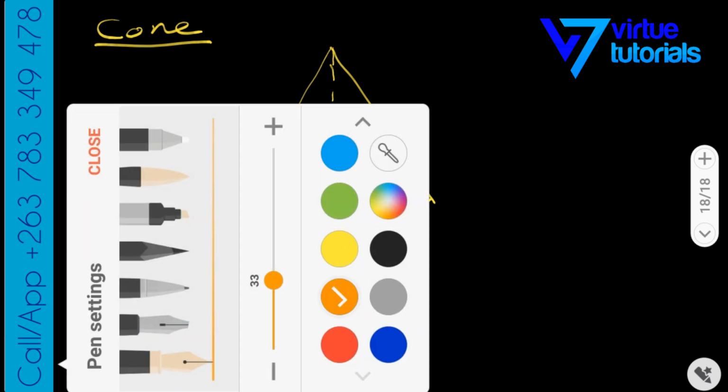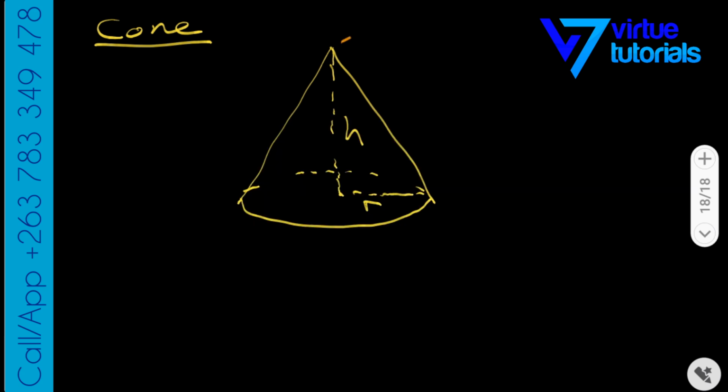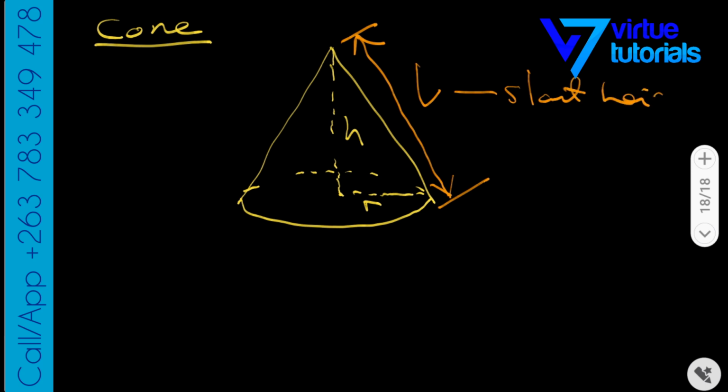But what we didn't identify was a third measurement we can take from a cone, which is the slant height that we call L. So L is the slant height. Don't confuse the slant height with the perpendicular height h. If you're going to find the surface area, you need to know the slant height.